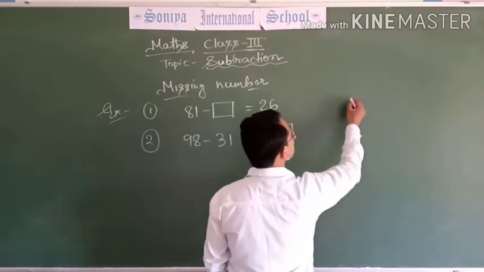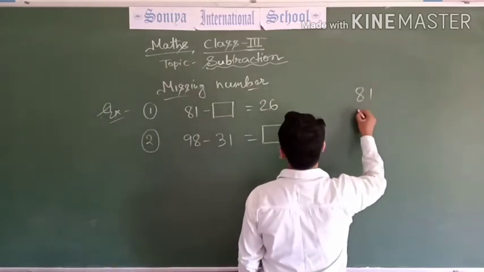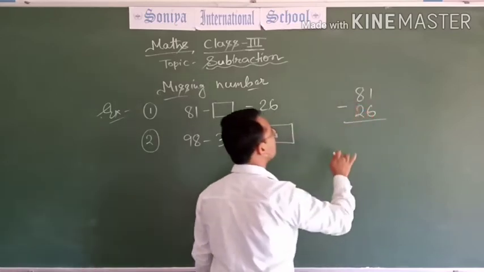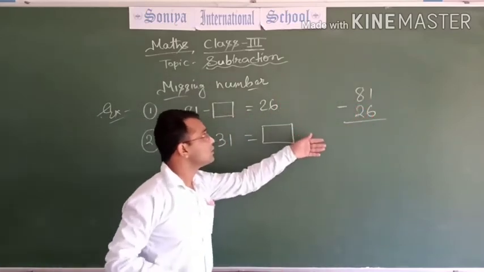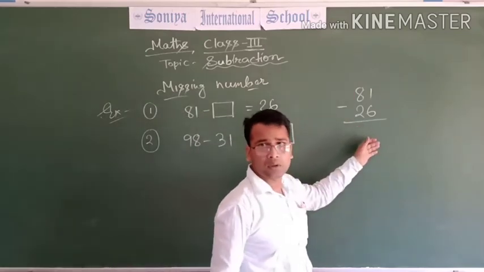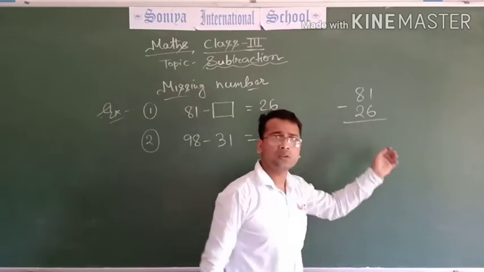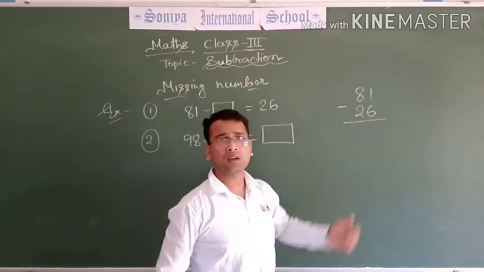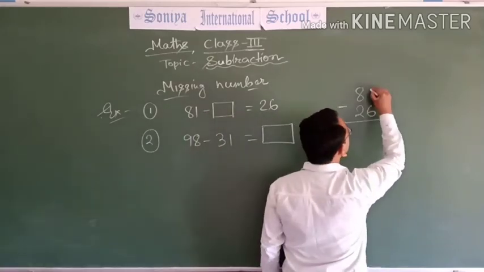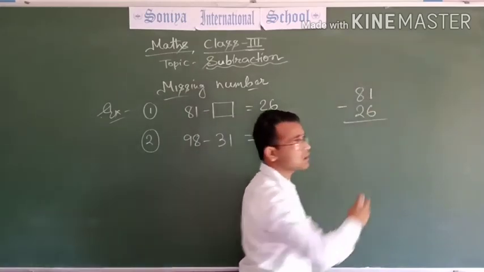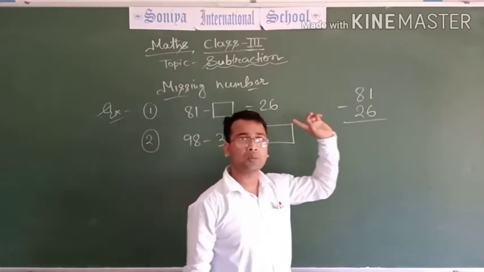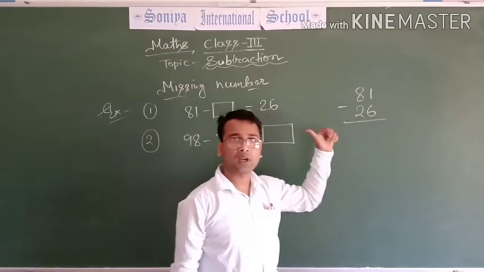So now subtract 26 from 81. This number problem is like class 2nd. First of all, we start addition, subtraction or multiplication from right side to left side.